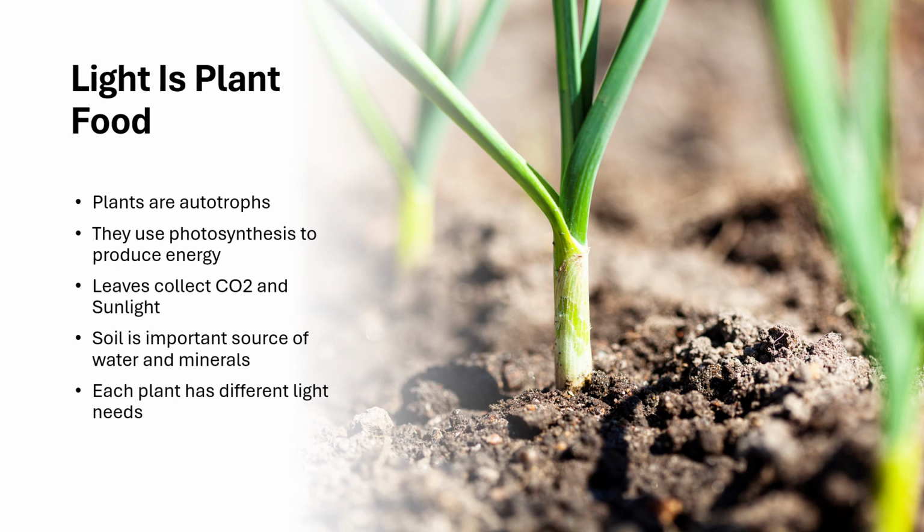Without sunlight, plants would effectively starve. While the soil is an important source of water and minerals for the plant, light is a key component to how well your plants will actually grow.